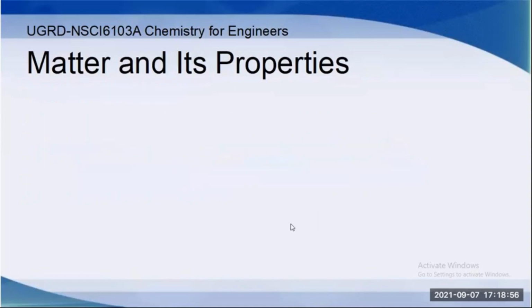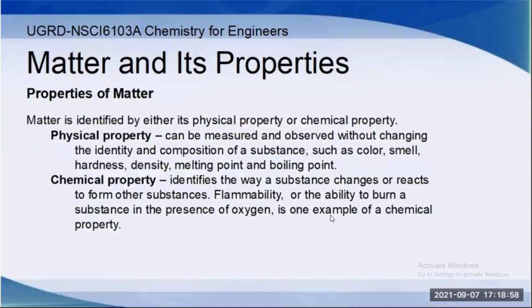This is a review. Properties of matter. Matter is identified by either its physical property or chemical property. Physical property can be measured and observed without changing the identity and composition of a substance, such as color, smell, hardness, density, melting point, and boiling point.